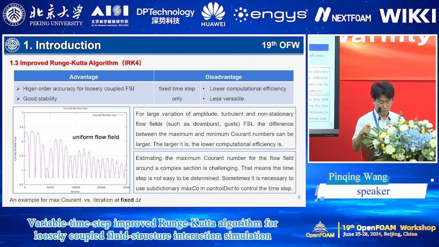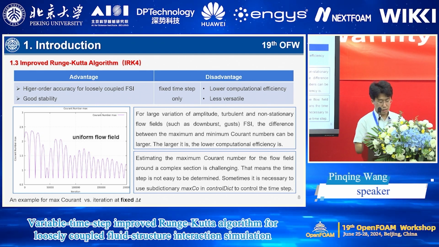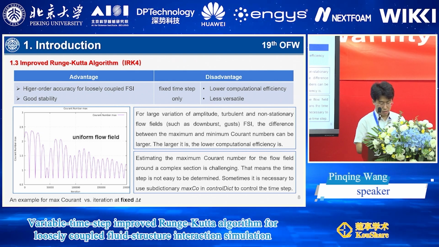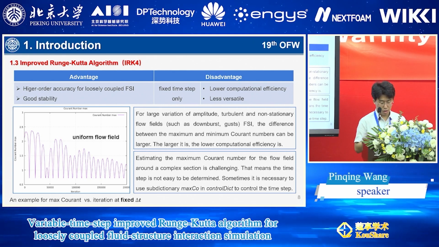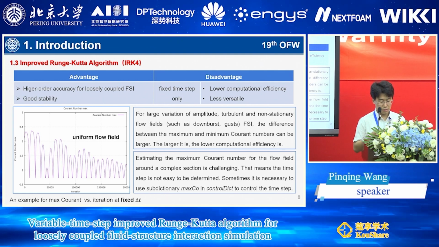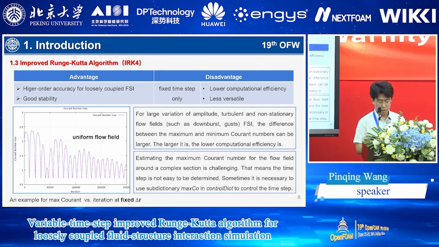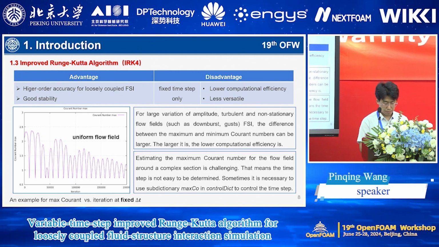In addition, the IRK algorithm is less versatile. It's because estimating the max Courant number for a flow field around a complex structure is challenging. That means the time step is not easy to determine. Sometimes it's necessary to use the max Courant number in the controlDict to control the time step.